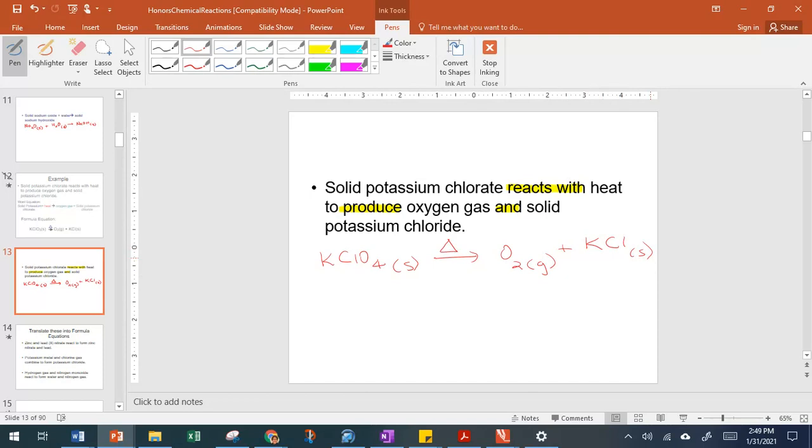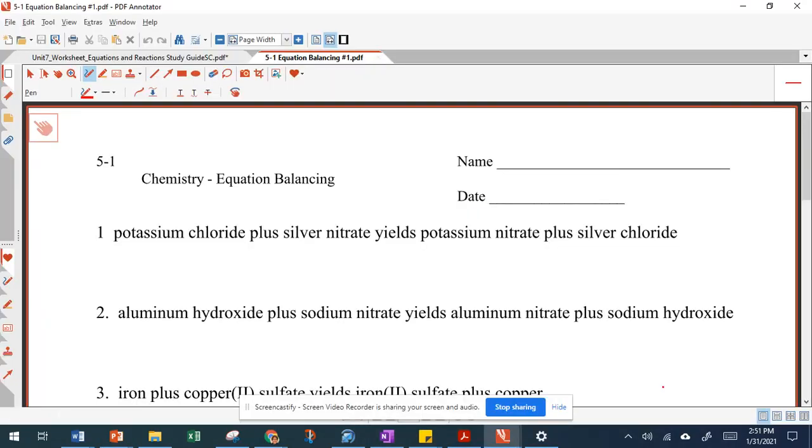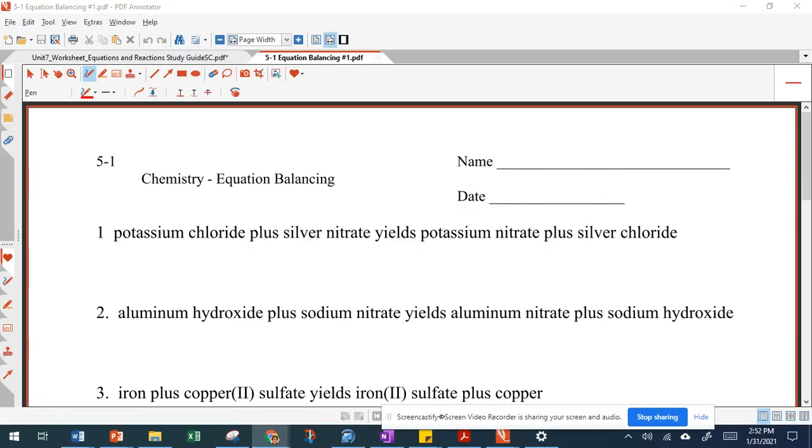Okay, so I want to look at some of the problems that are in your homework. I want to go through just one of these problems just to show you how to approach these. So when you're doing these, I would focus on words like plus, yields, plus. Remember, plus is going to separate different reactants in this case, or different products in this case. Words like yields or produces are going to separate your reactants and products.